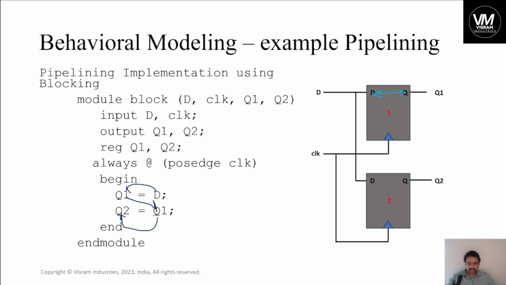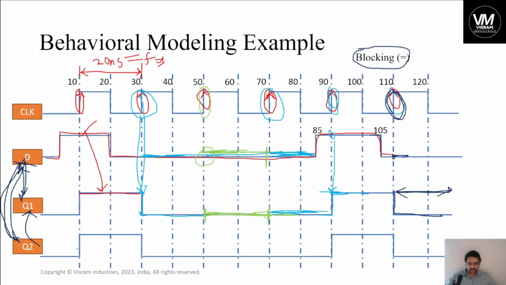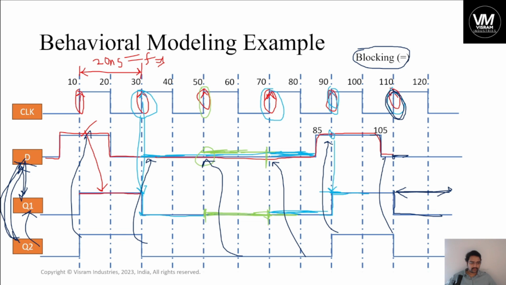And what values are you getting here? D values. Okay, so now Q2 will also be considering the same values. Got it? So this is it.